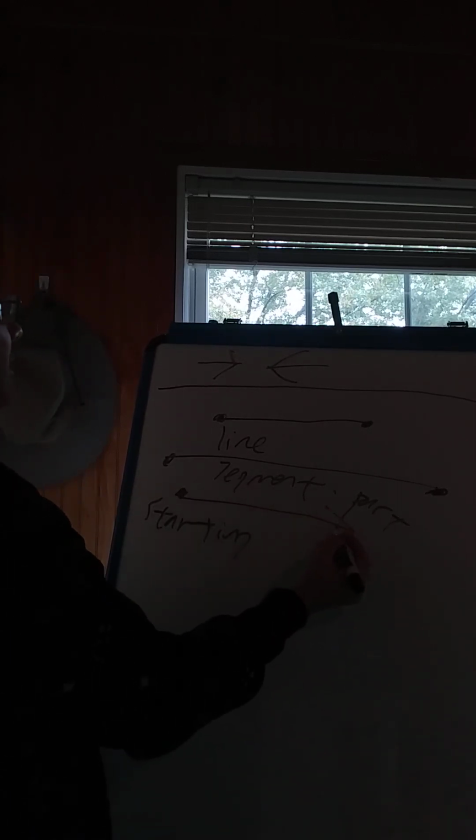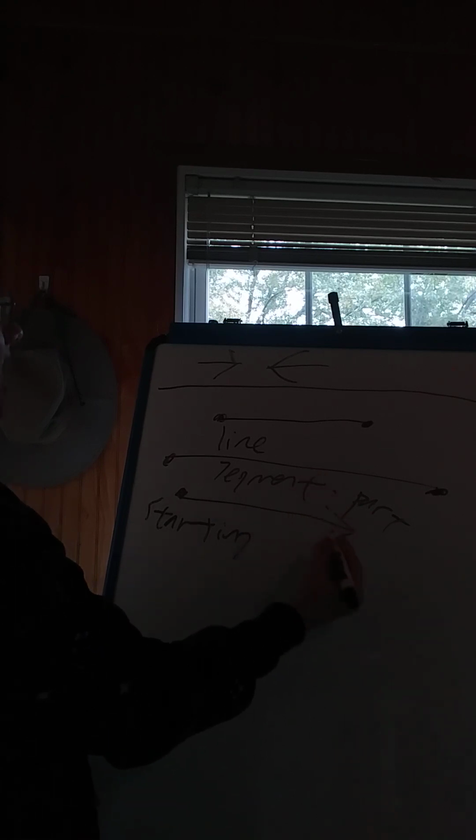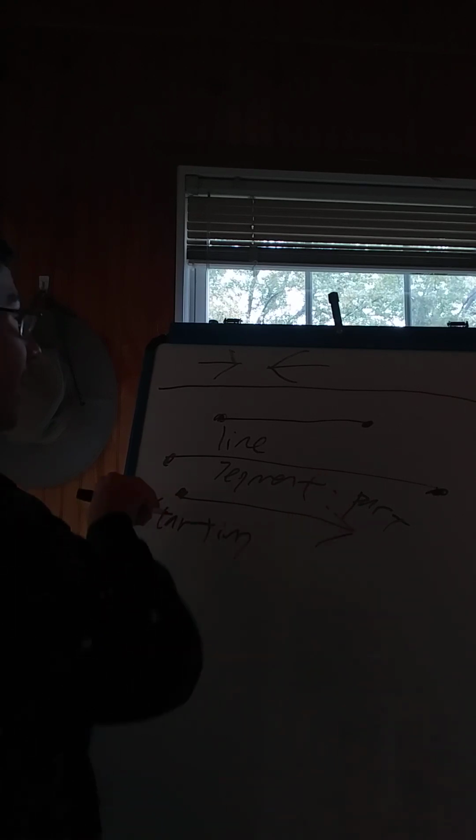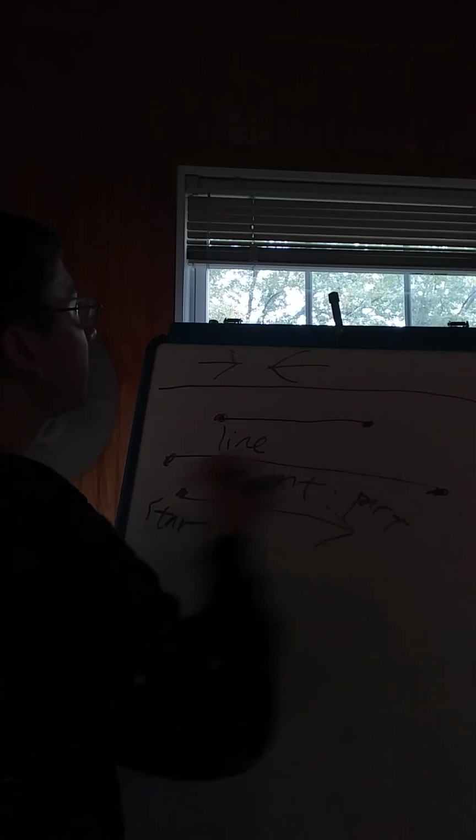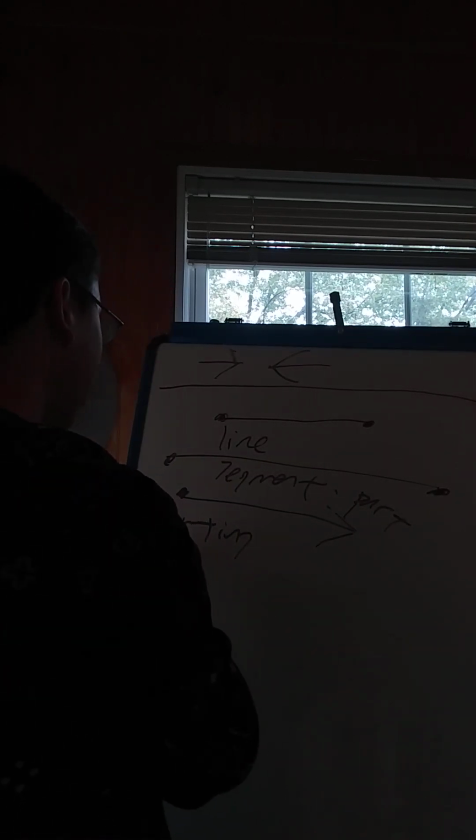And this arrow does not mean that is a stopping point of the line. The arrow is just pointing which direction it's going. And from the starting point, the line is just going to keep going and going.